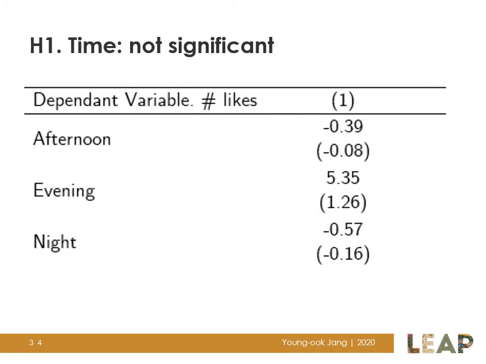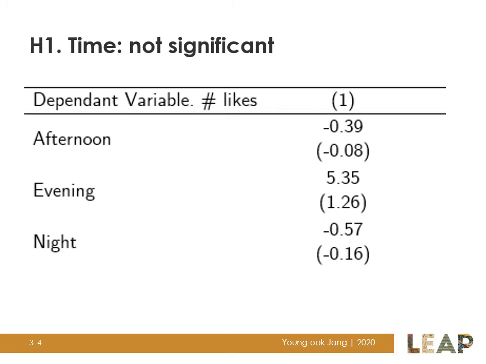All right. So let's now try to interpret the results of our regression analysis one by one. The first hypothesis was about the timing. Okay. So timing of postings is important in determining the number of likes.